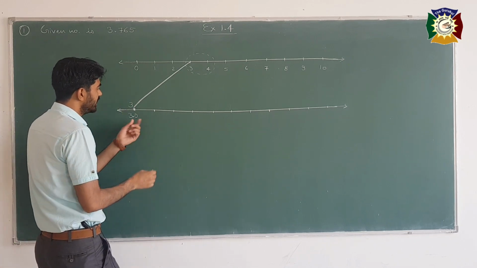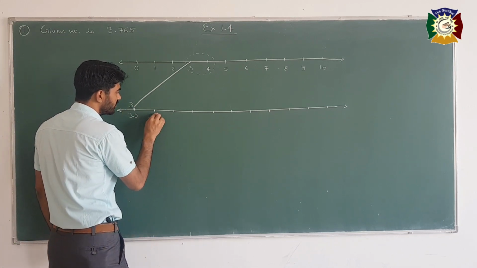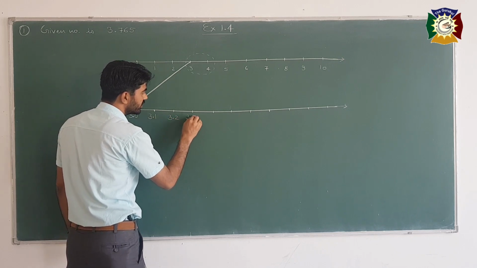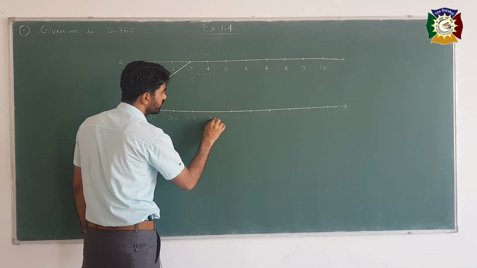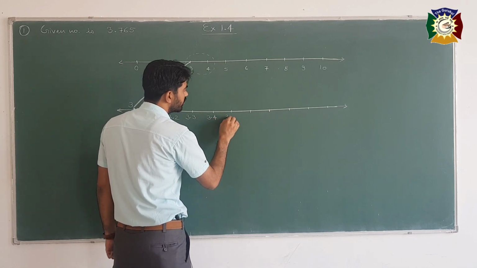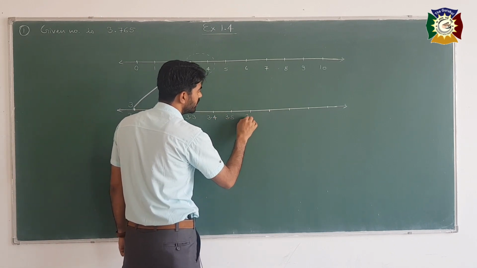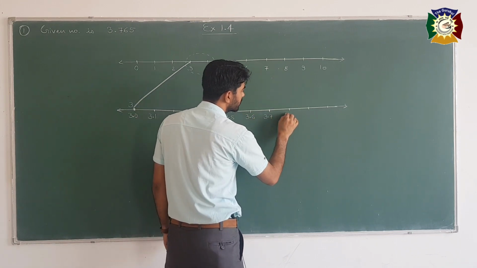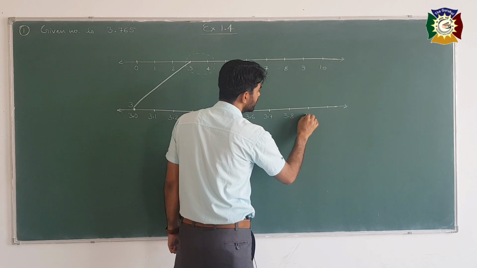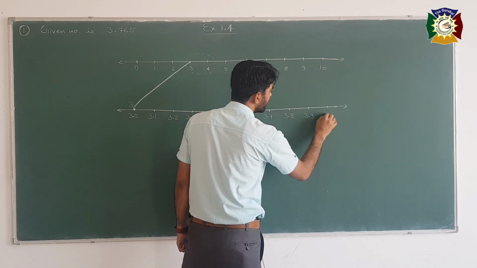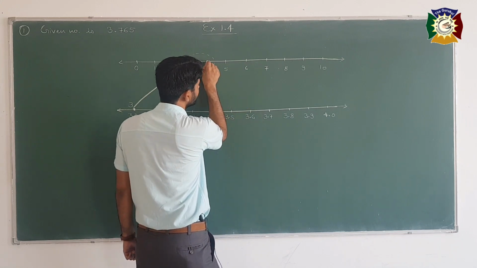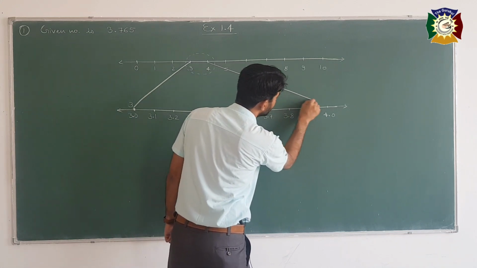Then next is 3.1, 3.2, 3.3, 3.4, 3.5, 3.6, 3.7, 3.8, 3.9 and 4.0, and 4.0 is nothing but 4.